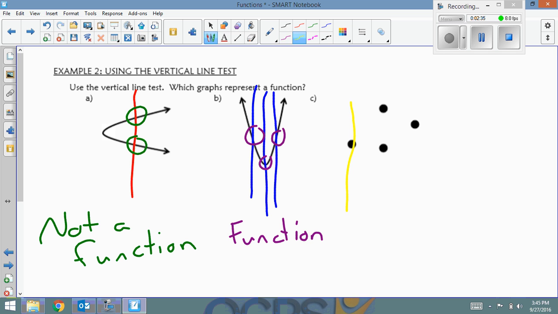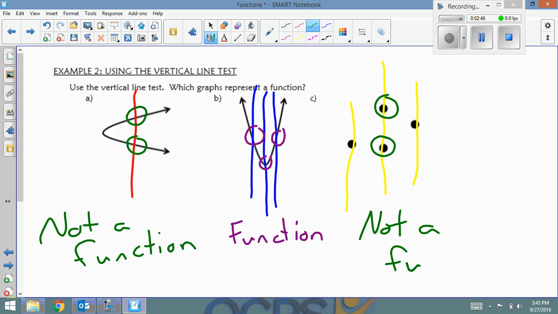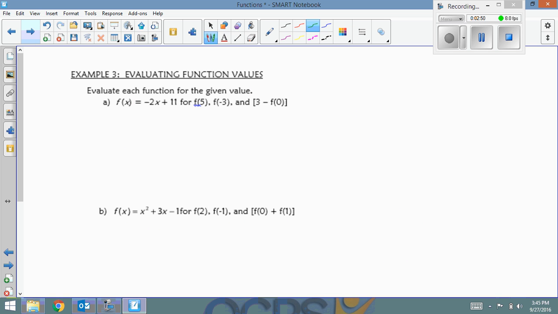Same with this one: I'm good here, I'm good there, but if I draw one in the middle, I hit those dots more than once, so this is not a function. And that's because of the vertical line test.